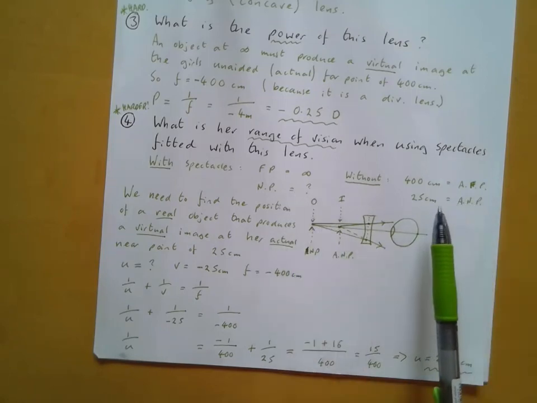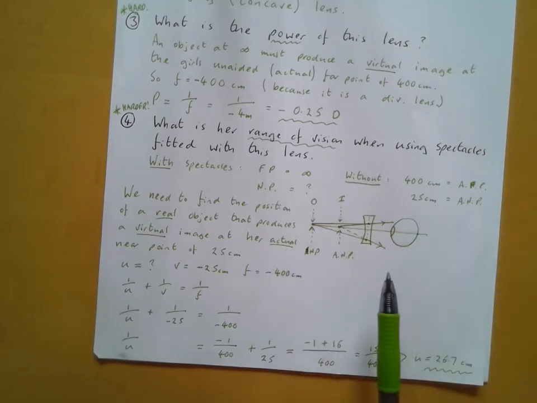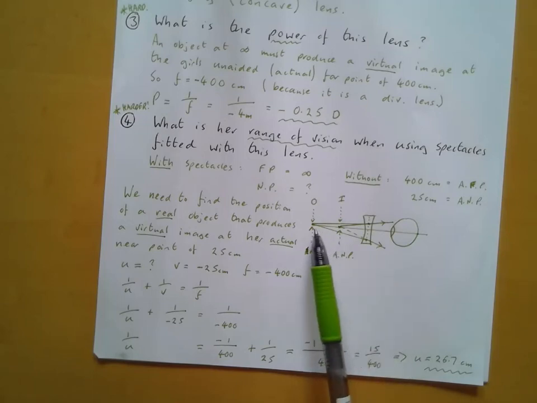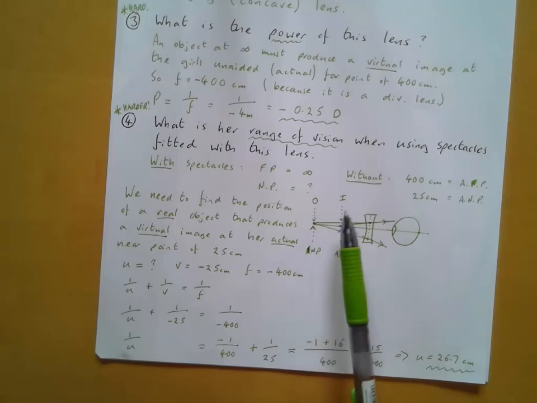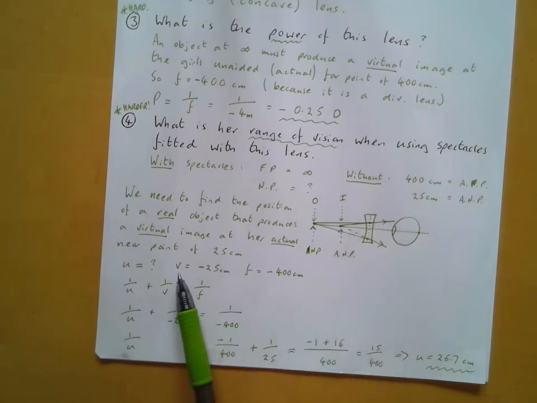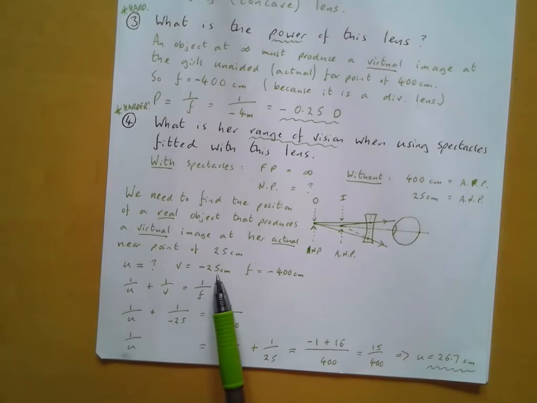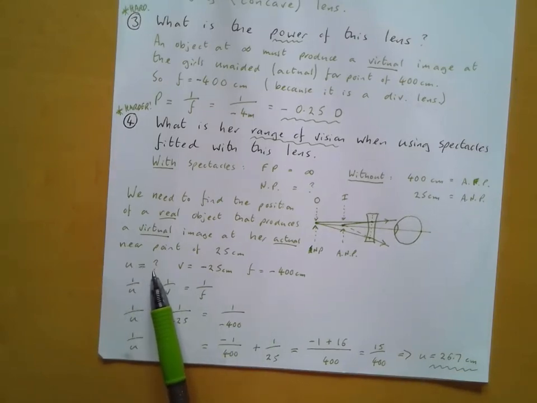So what we say is that a real object placed in front of her eye will produce a virtual image at her actual near point. So her image distance is negative 25, the object is unknown, and that's what we want to find. So we apply the lens formula and we come up with 26.7 centimeters.